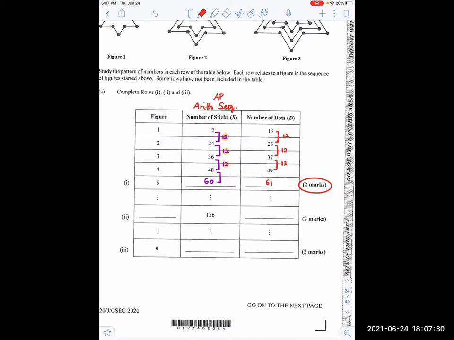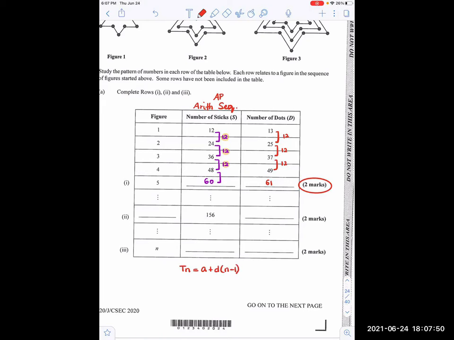Now, that only holds if from one term to the next, the amount is the same. So Tn is equal to a plus d into n minus 1.